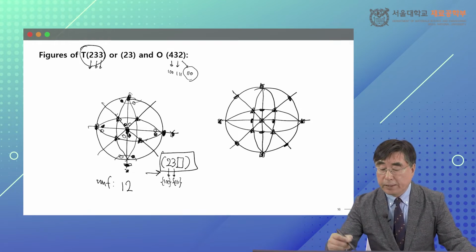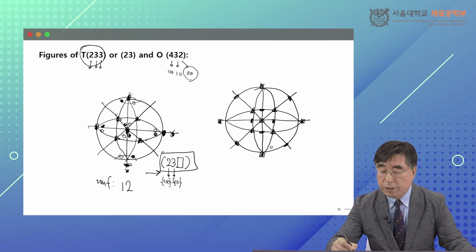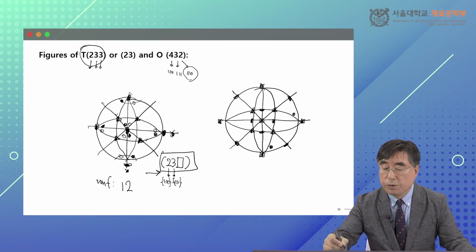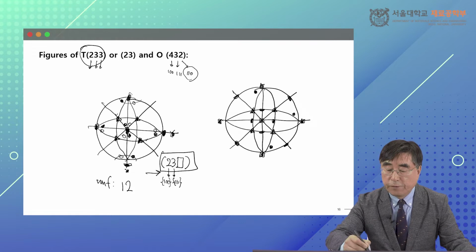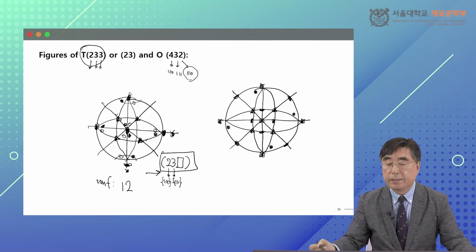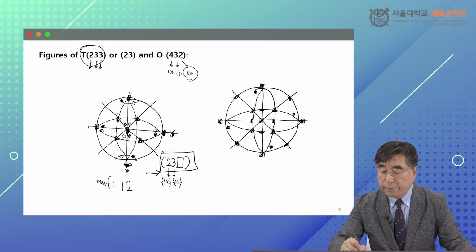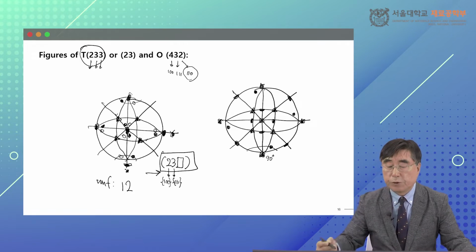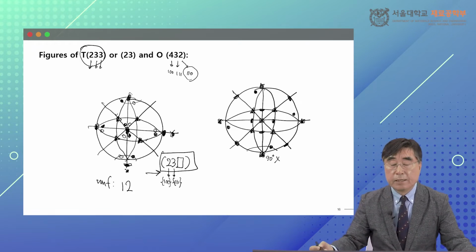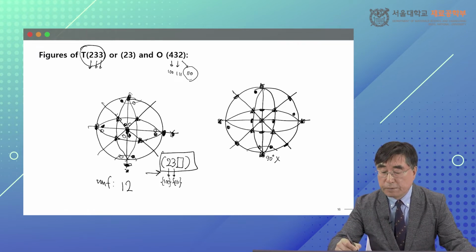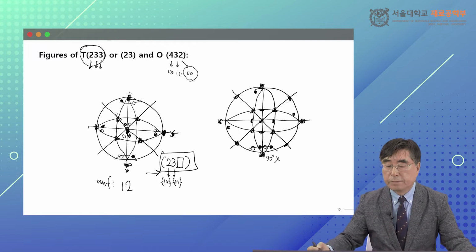All right, so if I put any poles in here, the fourfold generates 1, 2, 3, 4 around the z-axis, and by the fourfold rotation operation, which is a 90-degree rotation about the x-axis, it generates an upper pole and a down pole in here.